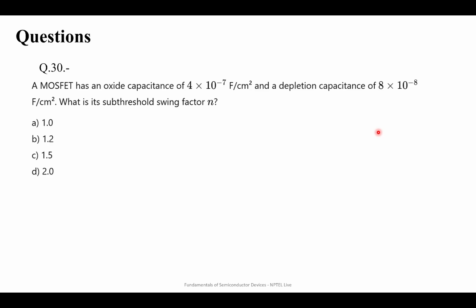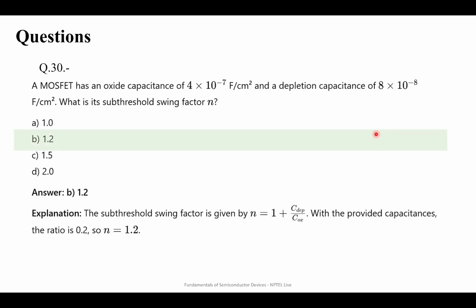What is the formula, sir? The formula for this is 1 plus C depletion by C ox.